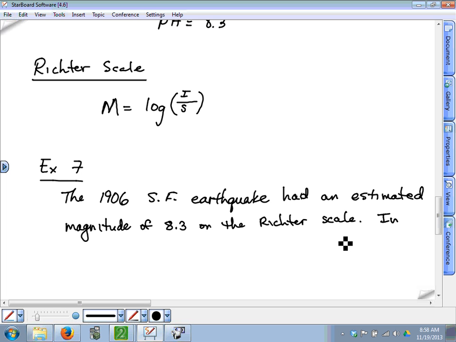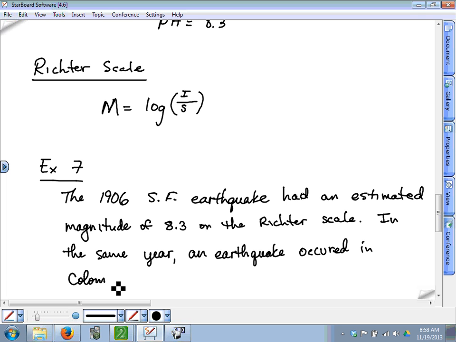In the same year, an earthquake occurred in Colombia that was 4 times as intense.